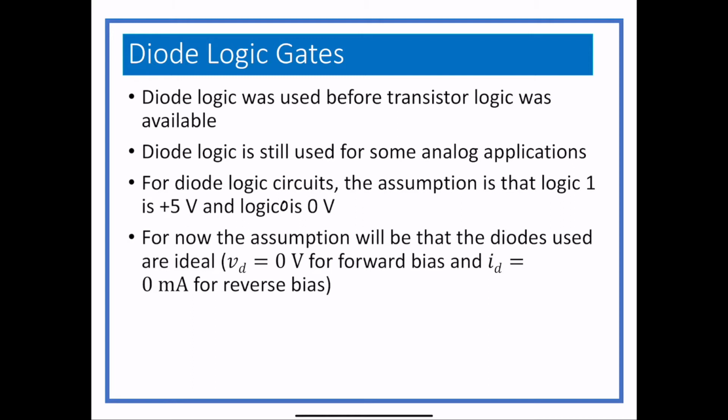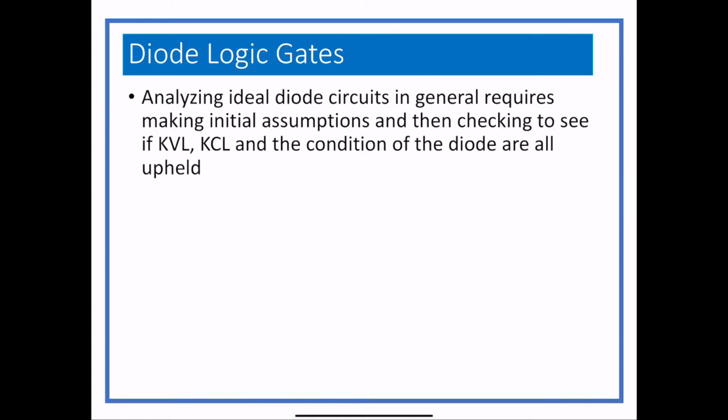So this is the process to analyze circuits with diodes. And actually this applies to non-ideal diodes as well, so any diode circuit, but we're going to start with ideal ones. Analyzing them requires making assumptions. Nobody likes making assumptions.